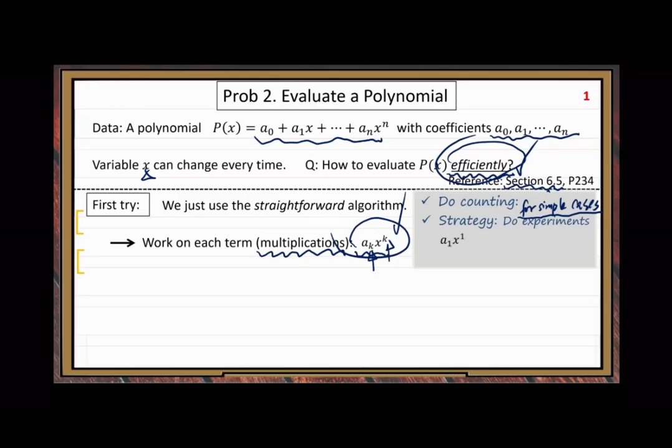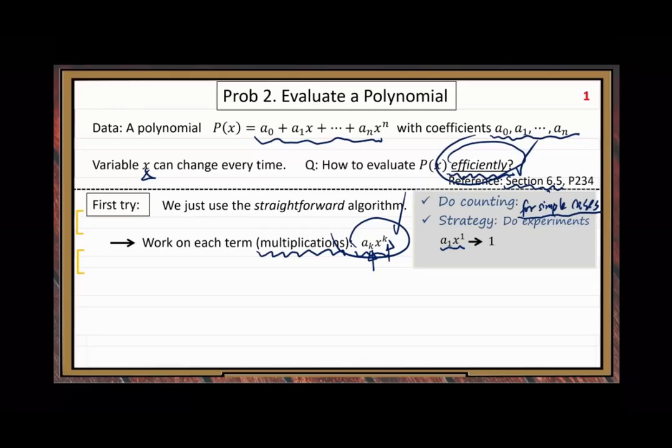First, k equals 1. Let's count the number of multiplications we need when we calculate this term: a1 times x to the first, just x. How many multiplications? It's very easy. You can see we only need one multiplication here. All right.